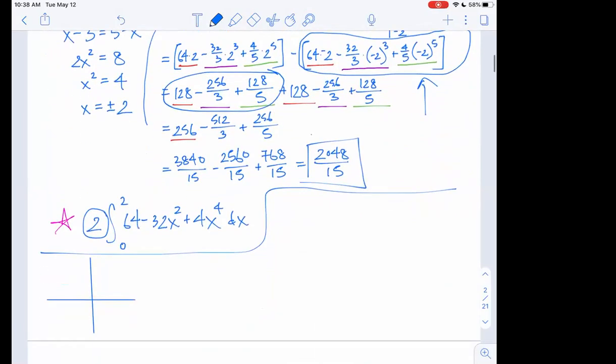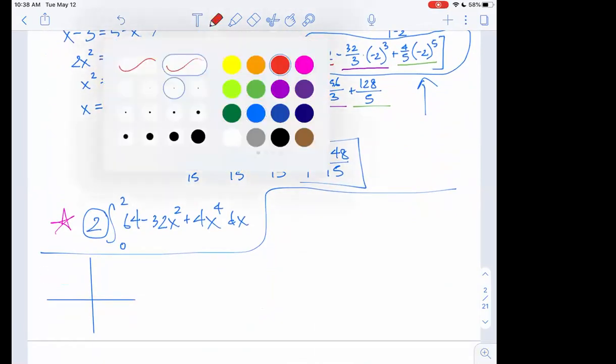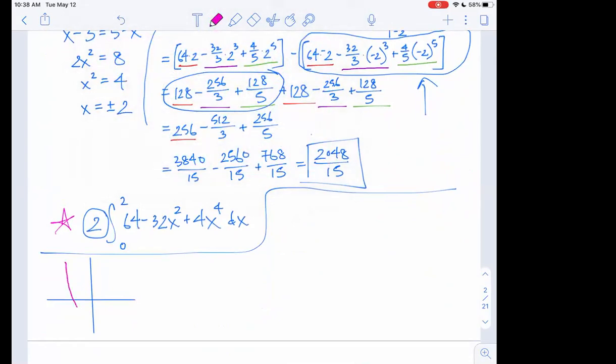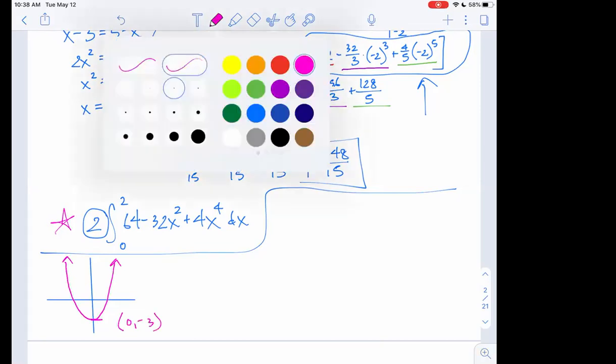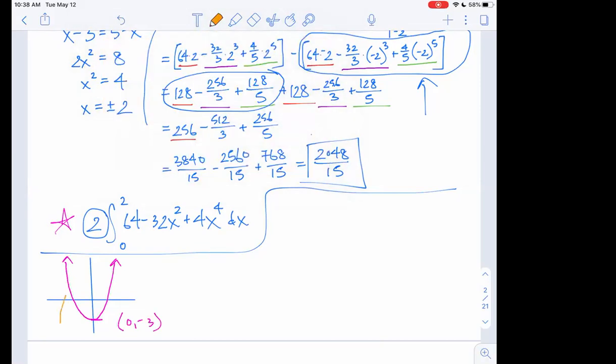I knew that this parabola crossed the y-axis at 0, -3. And the other parabola, I know that it crossed the x-axis at 0, 5.